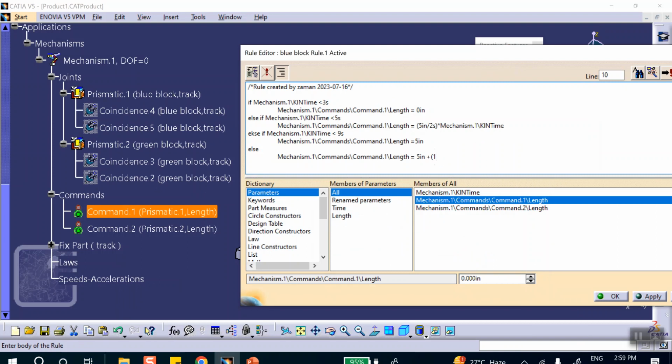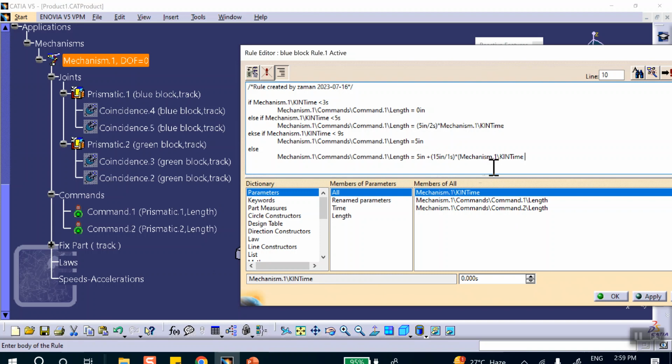15 inches divided by 1s, close, times, parentheses, time, minus 9 seconds. We should always check.